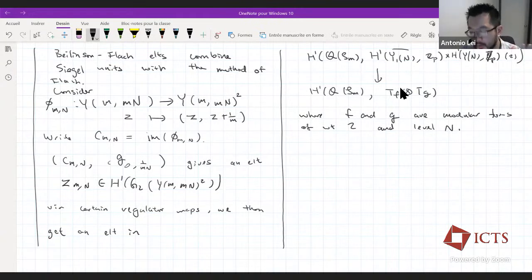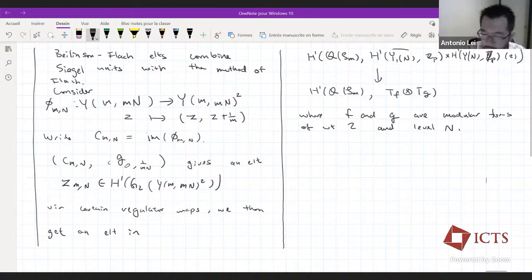Like we want to know what kind of norm relation we get. And it turns out to be a little bit more complicated than the earlier cases. So here, I want to explain to you what kind of norm relation we get. So I will go back to discussing what kind of norm relation these elements satisfy.